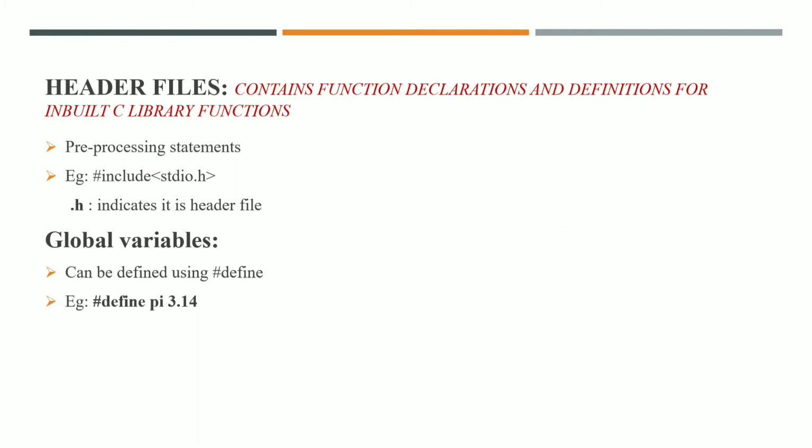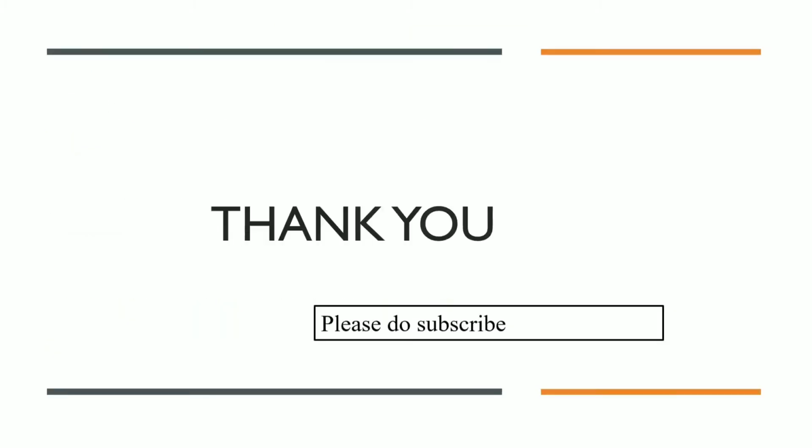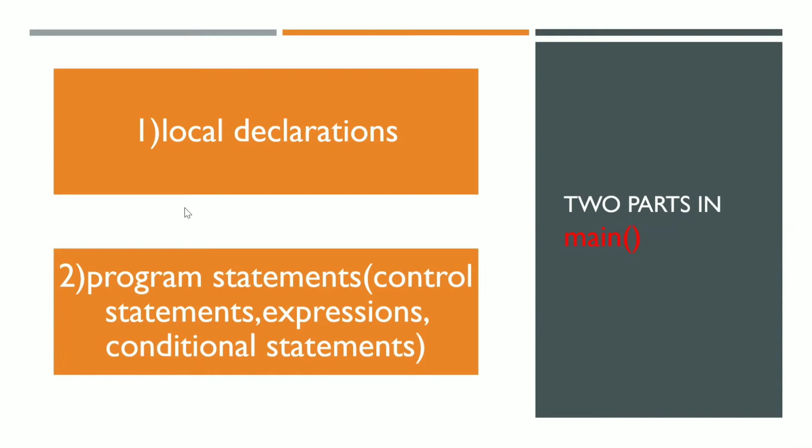Global variables will be followed by the main function. This is the line from where execution of a program starts. In this section, we will have two parts. The first one is local declarations and the second one is program statements. Local declaration means declaring of local variables.